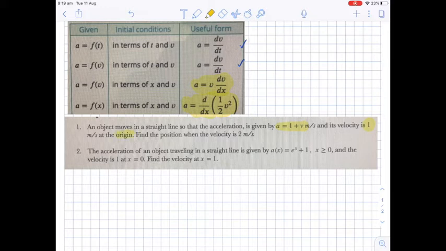So the origin is a position and we've got the velocity. Find the position when the velocity is 2 meters per second.